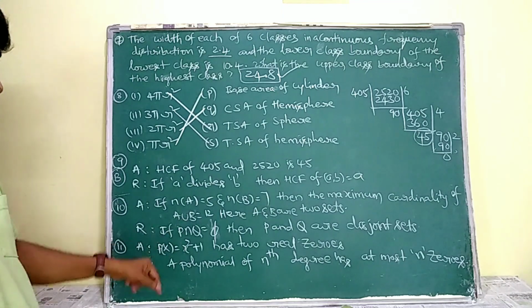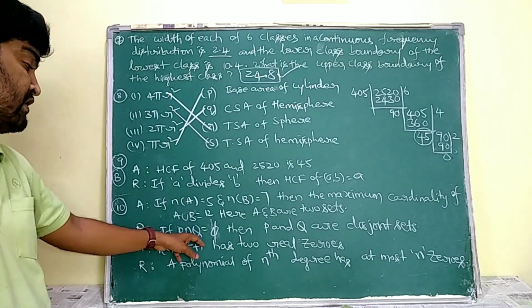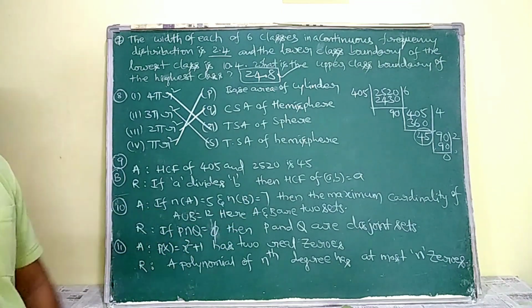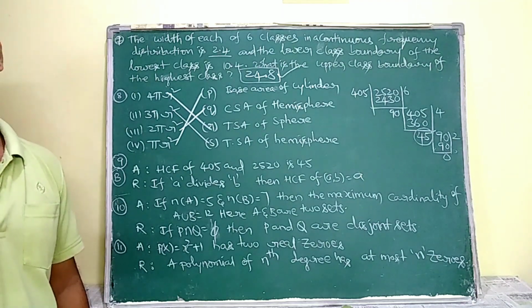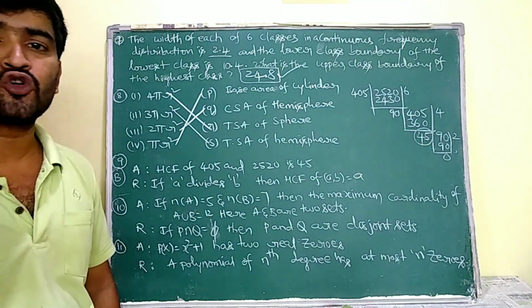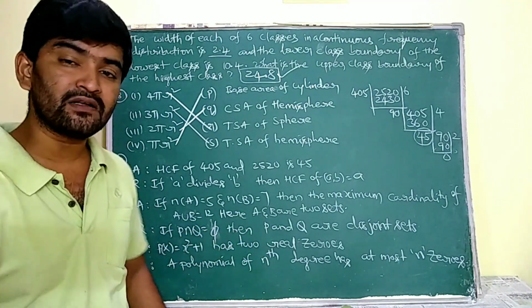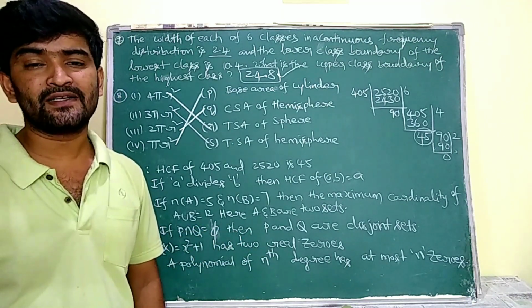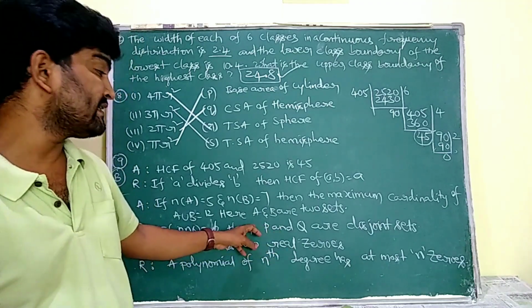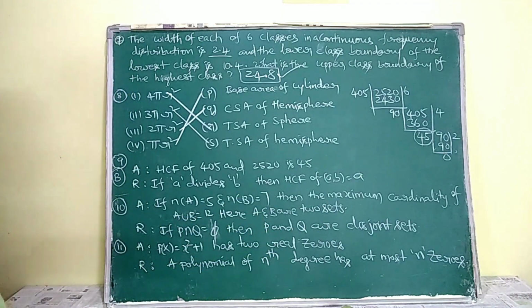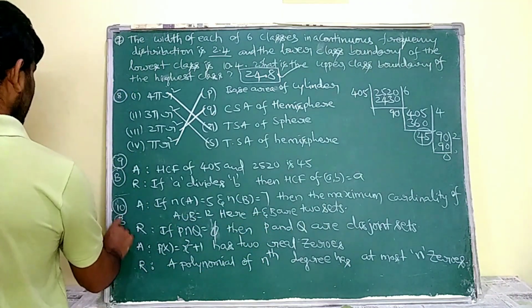So that's true. If P intersection Q is equal to empty, then P and Q are disjoint sets. Yes. If the intersection of any 2 sets is empty, then those 2 sets are disjoint sets, we know. So this statement is also true. Both assertion and reason are true, and reason is not the correct explanation of the assertion. So here the option is B.